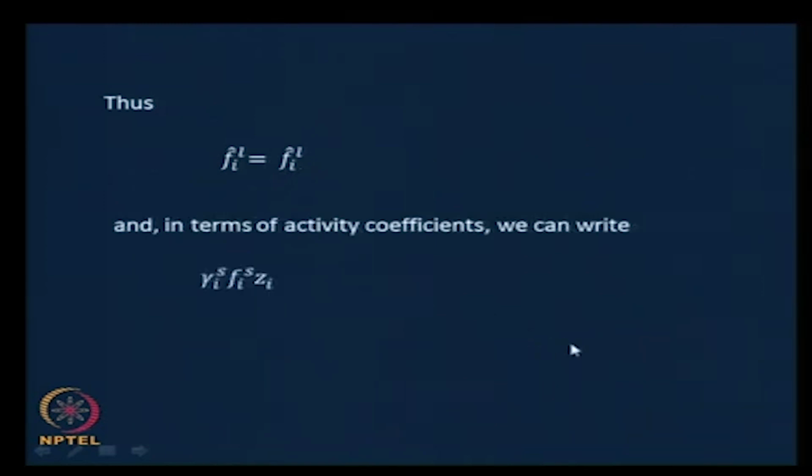Therefore, the fugacity of I in the solid phase must equal the fugacity of I in the liquid phase, and in terms of the activity coefficient, gamma I in the solid phase times f I in the solid phase times the mole fraction in the solid phase, given as z I, equals gamma I in the liquid phase times fugacity in the liquid phase times mole fraction in the liquid phase. This is the governing equation for solid liquid phase equilibrium.